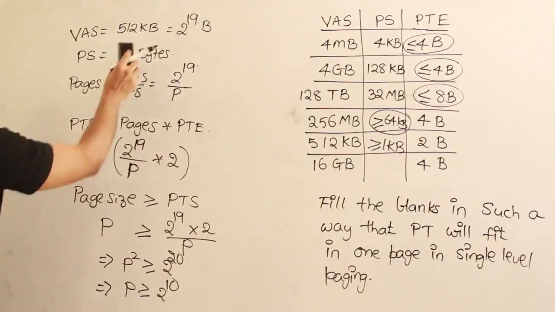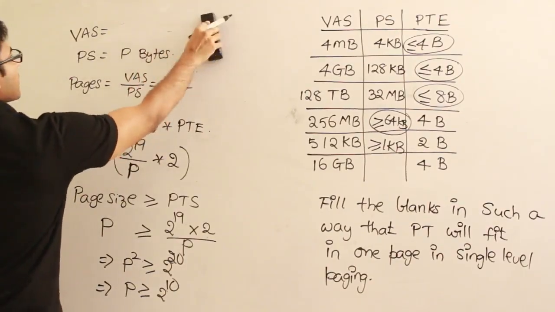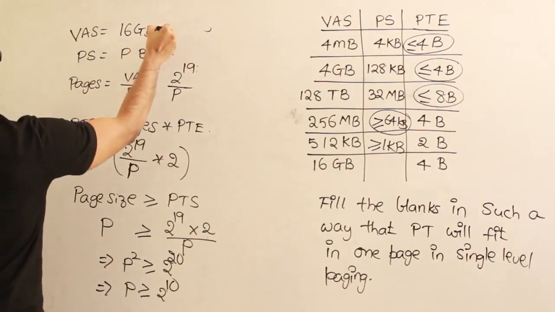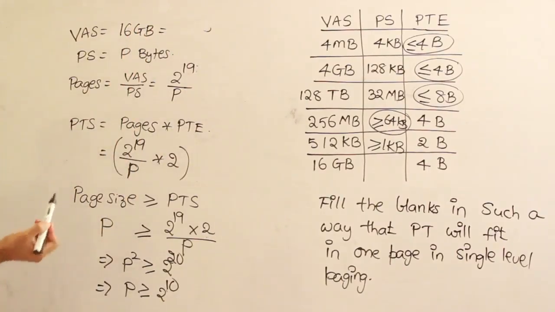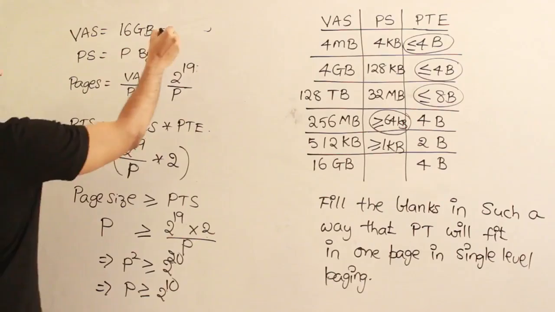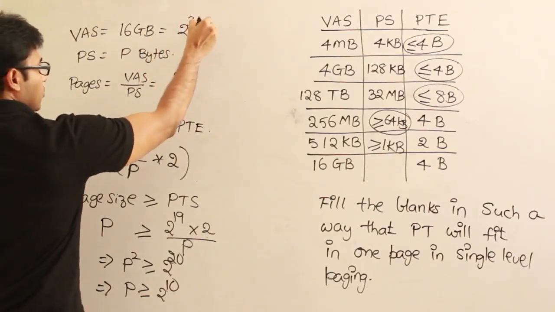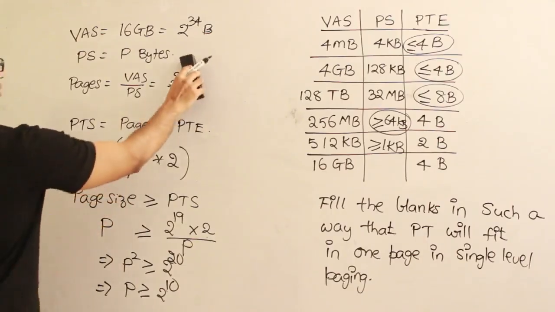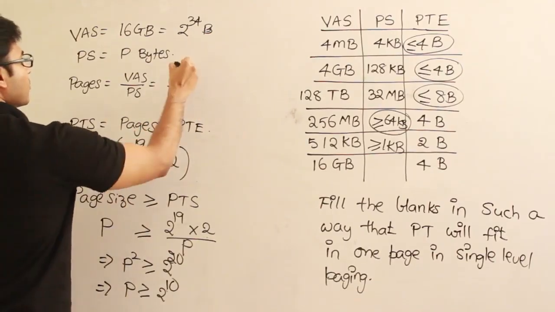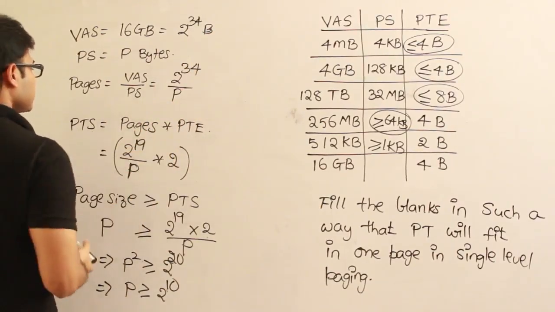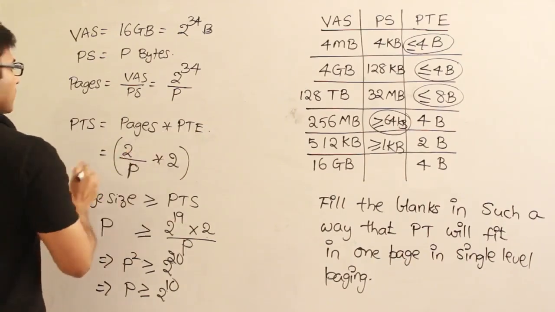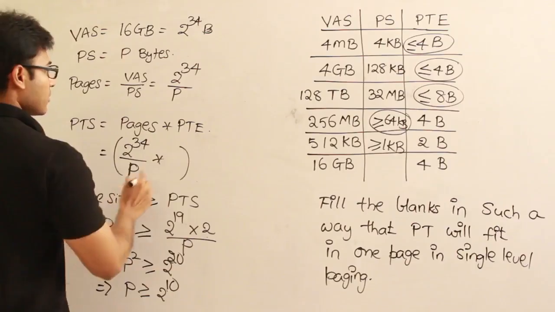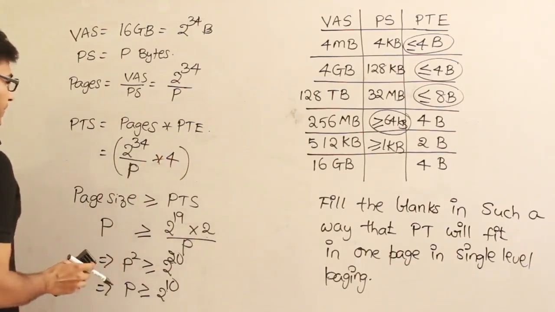And what about the next one? 16 GB is given here, right? So here 16 GB is the virtual address space. What is 16 GB? G is 30 and 16 is 4. Therefore 2 power 34 bytes, and the page size is P bytes, right? So the number of pages is 2 power 34 divided by P. Then 2 power 34 into page table entry size, which is 4, right?